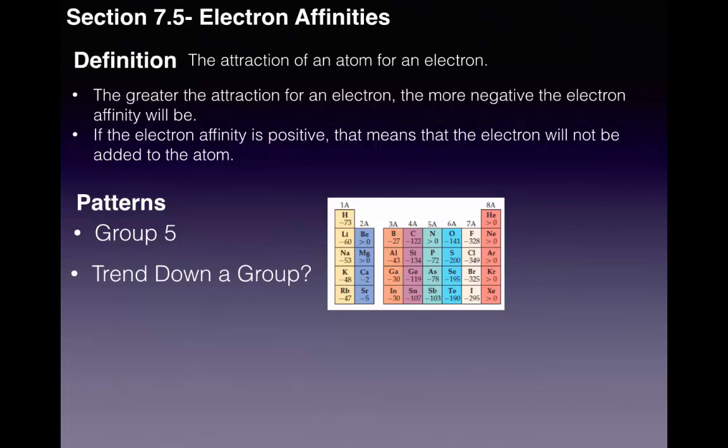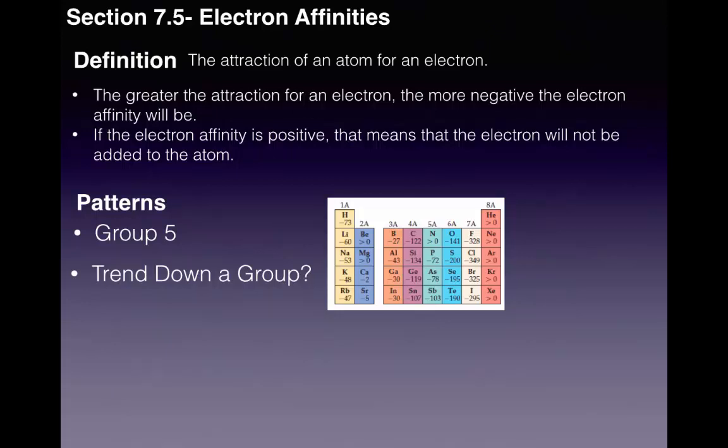The other pattern to note is the trend as you move down a group. Okay? As you move down a group, what you should realize is that the electron affinity doesn't really change. While for atomic radii and for ionization energy, they did, it doesn't for electron affinity. And the reason why is that there are 2 changes that occur as you move down a group. The first one is that because the atomic radius increases in size, electrons are farther from the nucleus.